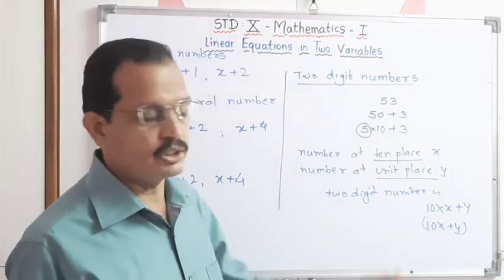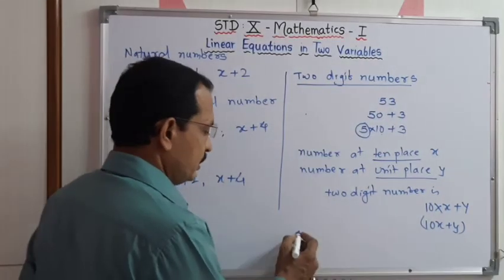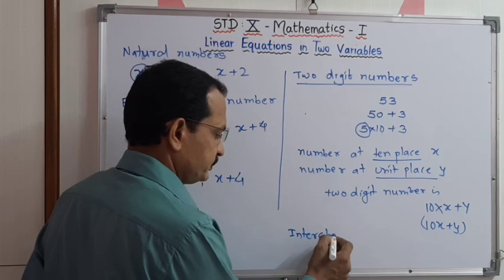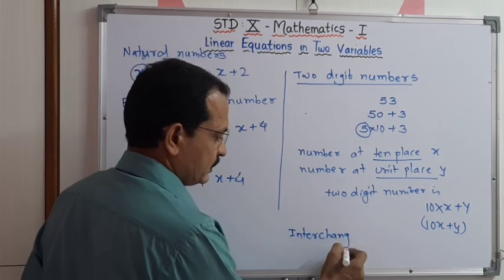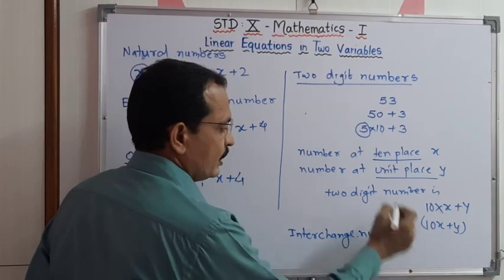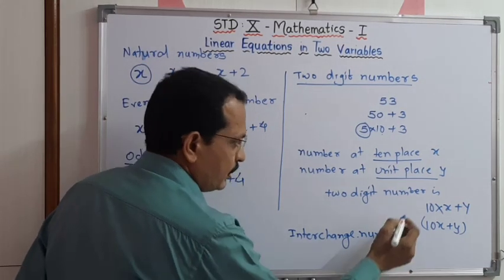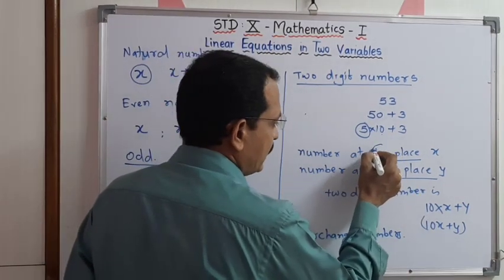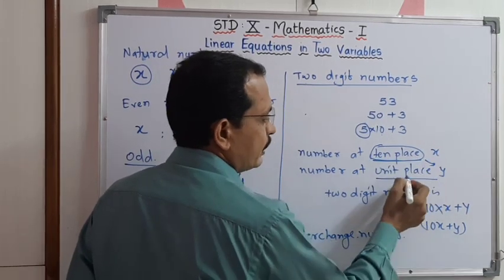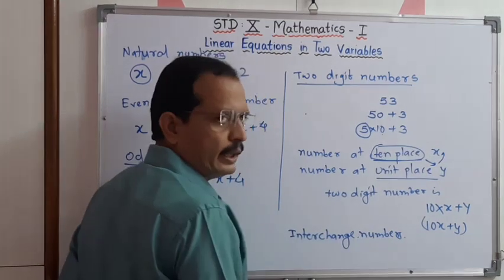After interchanging, we take the digit at the tens place as y and the digit at the unit place as x.